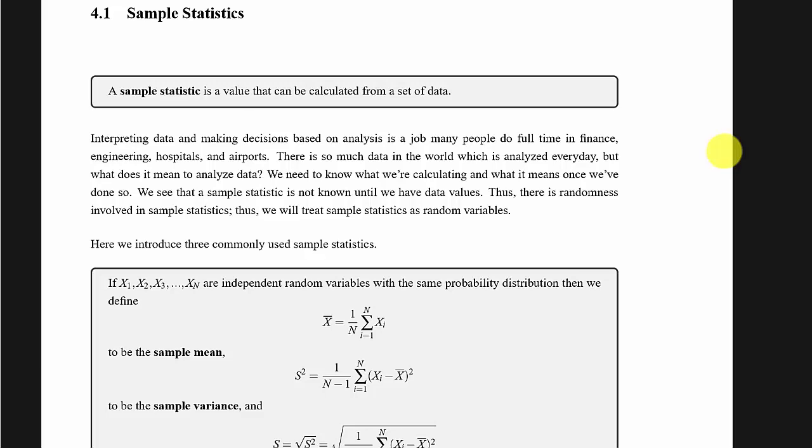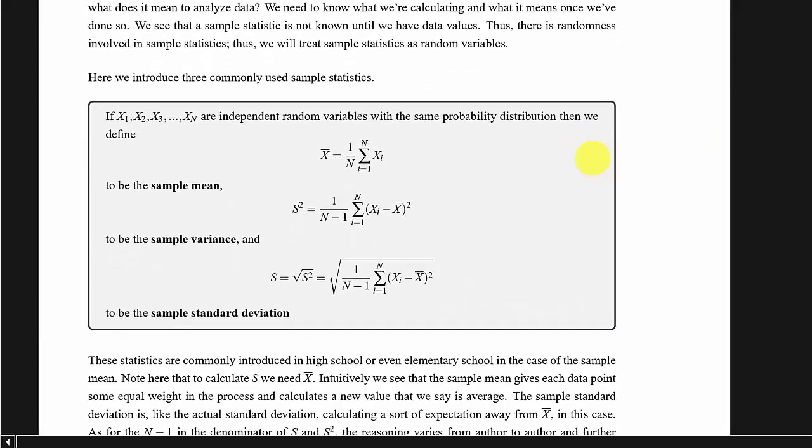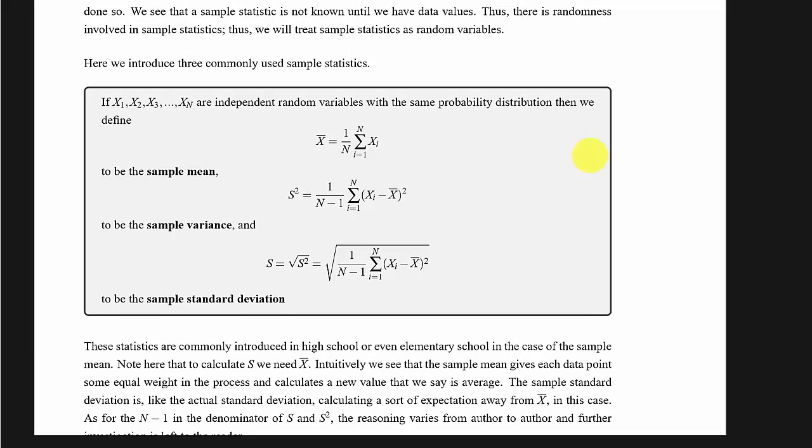Here we introduce three commonly used sample statistics. So if we have x1, x2, all the way to x sub n, independent random variables with the same probability distribution, then we define the sample mean as x bar equals 1 over n times the sum of the xi.